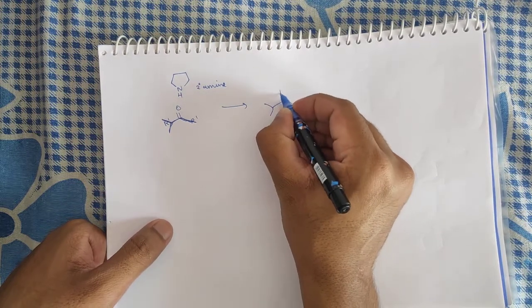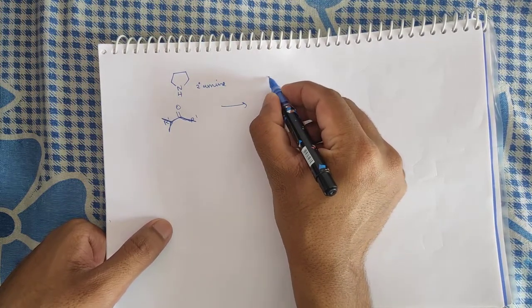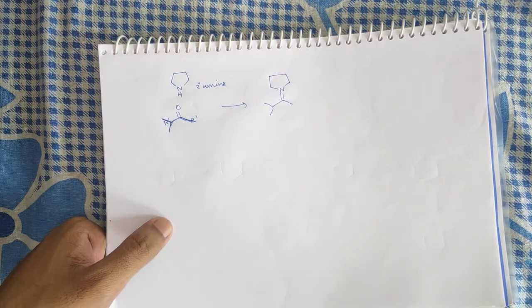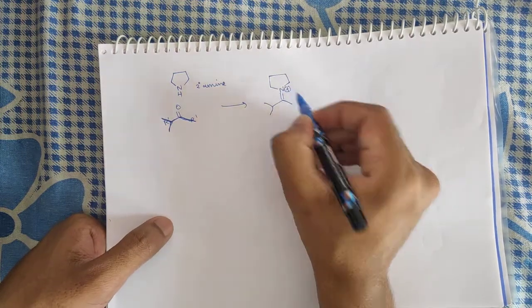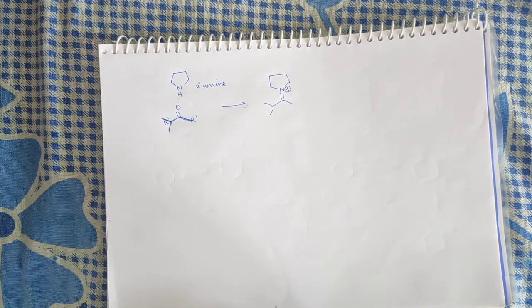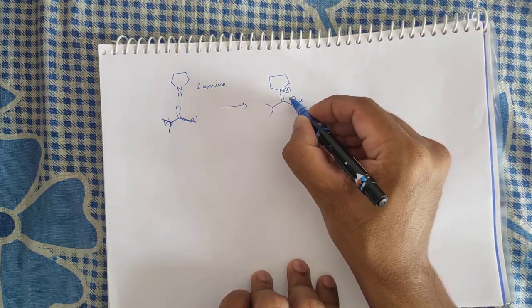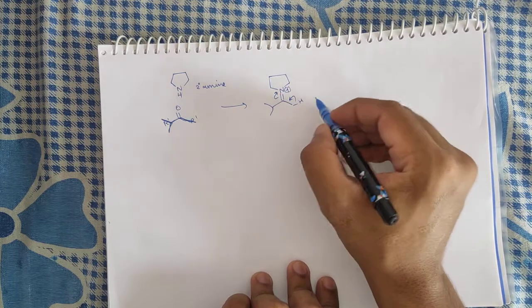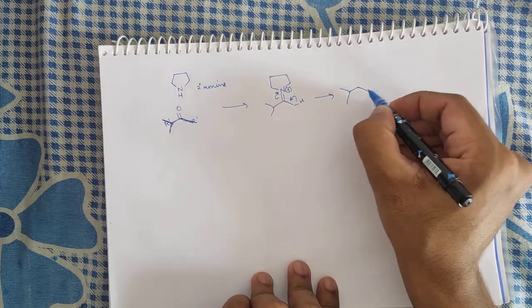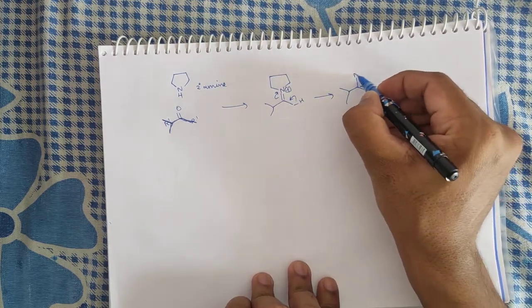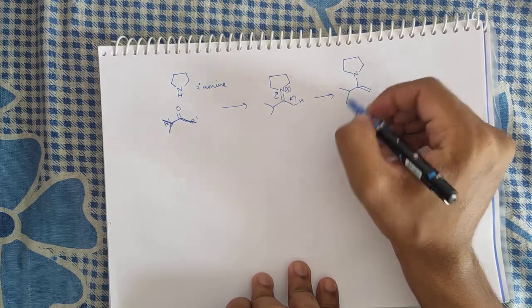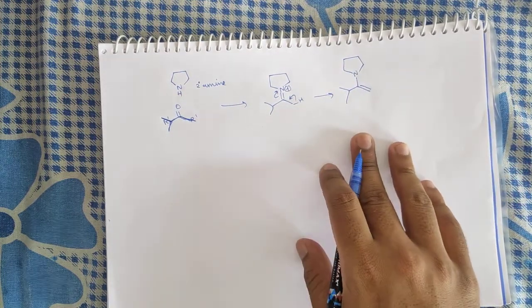And you have to remember that enamine formation always takes place on the less substituted site. Here we have a hydrogen atom, it will come here and this bond will shift here, so there will be formation of the less substituted enamine.